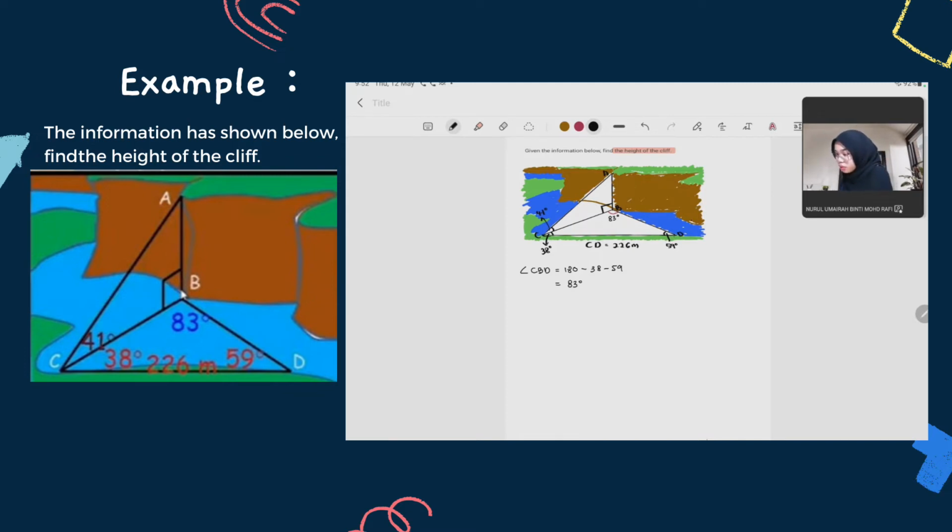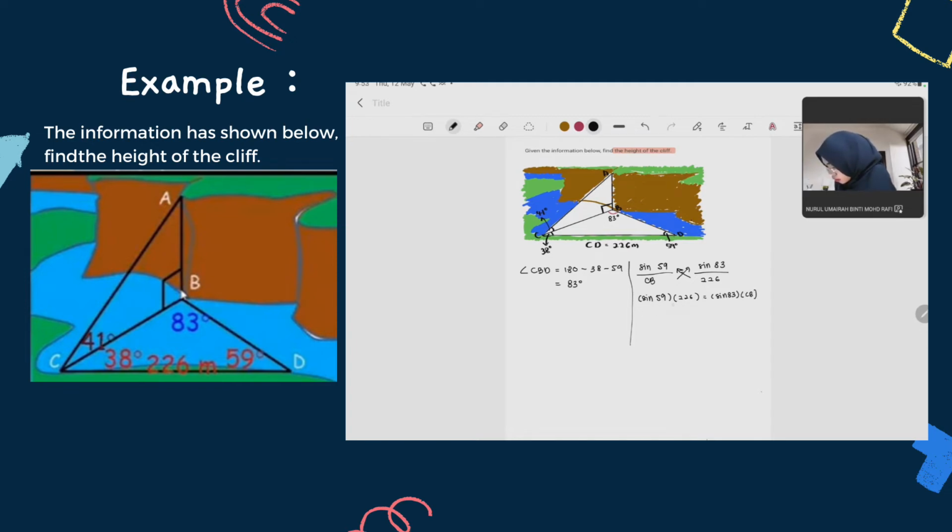Then we need to find the length of CB. Using the formula, sine 59 over CB equals sine 83 over 226. So sine 59 times 226 equals sine 83 times CB.